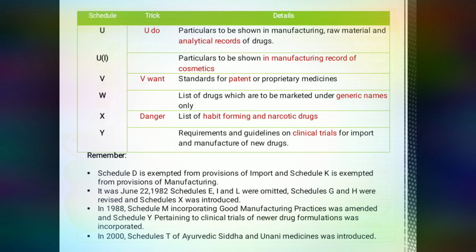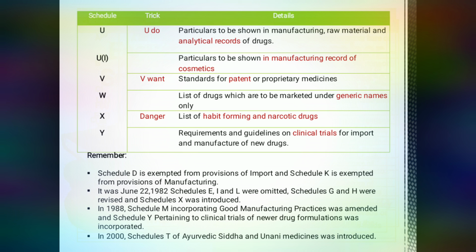So you can remember this, the part which you don't like, you do, right? So you do documentation, analytical record, everything. Then is schedule U1. So U1 is again all the same records and everything that are to be shown in respect to cosmetics.